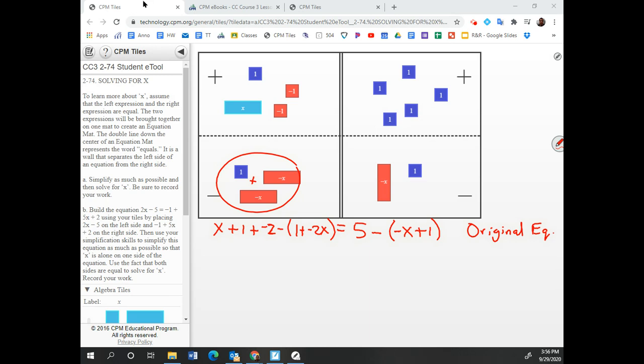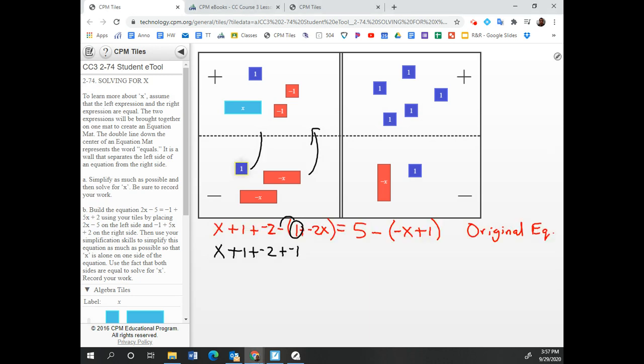Step number 1. Step number 1 is, as we have mentioned several times, probably the best thing to do is flip it. So we're going to flip the values up here. So that means this stays the same, x plus 1 plus negative 2. However, this 1 goes to the opposite, which would make it negative 1, or plus negative 1. Okay?